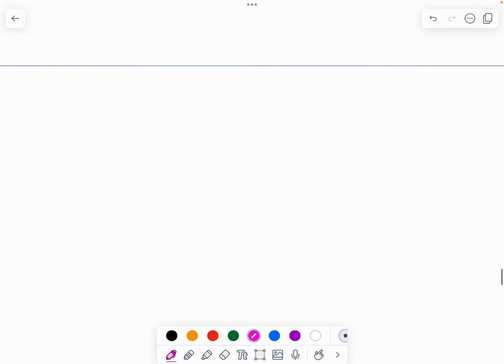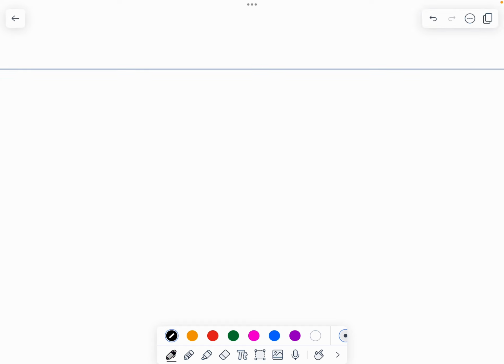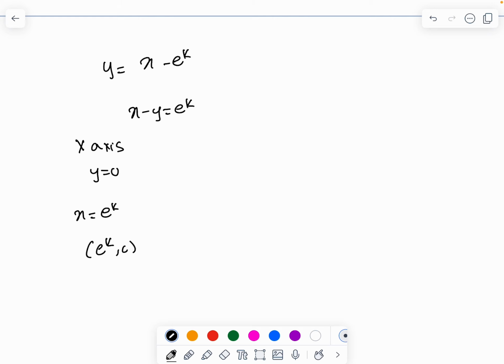Next, so y equals x minus e to the power k. So x minus y equals e to the power k. If it is intersecting the x-axis, it means y equals 0, so x equals e to the power k, comma 0.